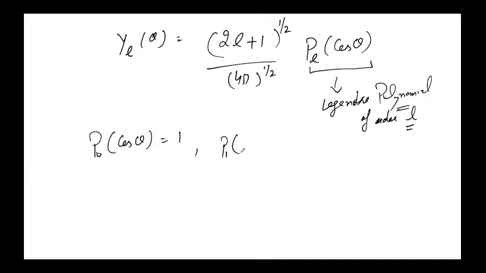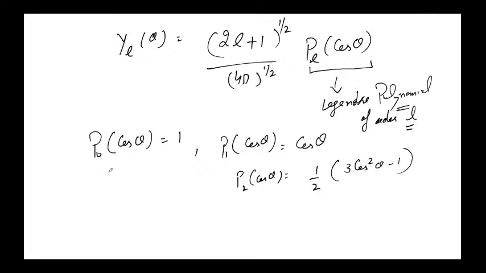Similarly for higher order harmonics, when L is 1, its value is cos theta. When L is 2, its value is one half of (3 cos squared theta minus 1). But we are interested in the S wave spherical harmonics.